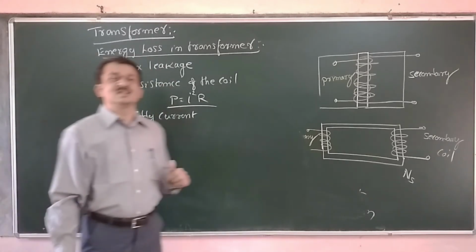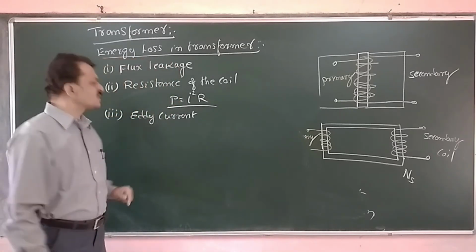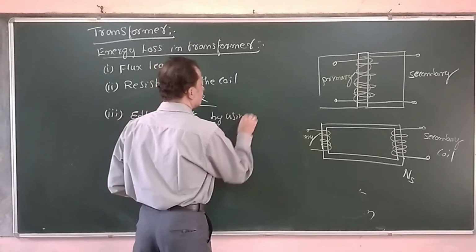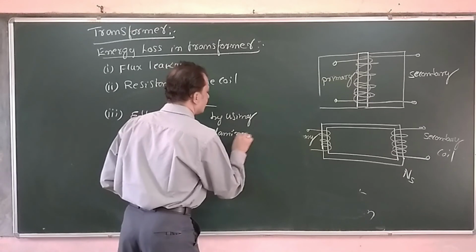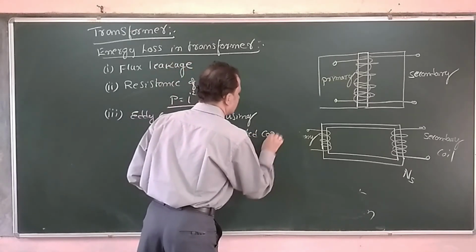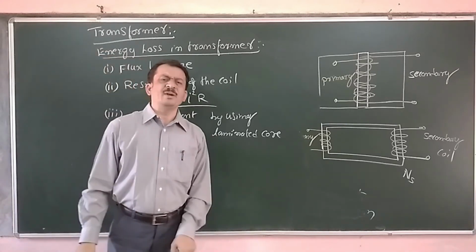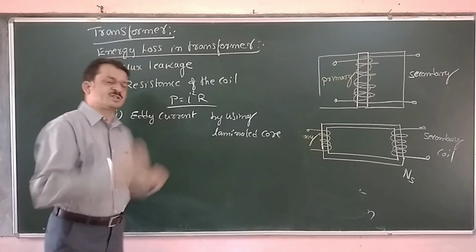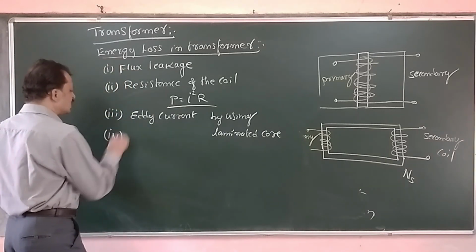They lose the energy in the form of heat. This eddy current loss can be minimized by using a laminated core. Instead of using a thick single core, if you use a laminated core, then this eddy current loss can be minimized. That is the third way of energy loss in a transformer.